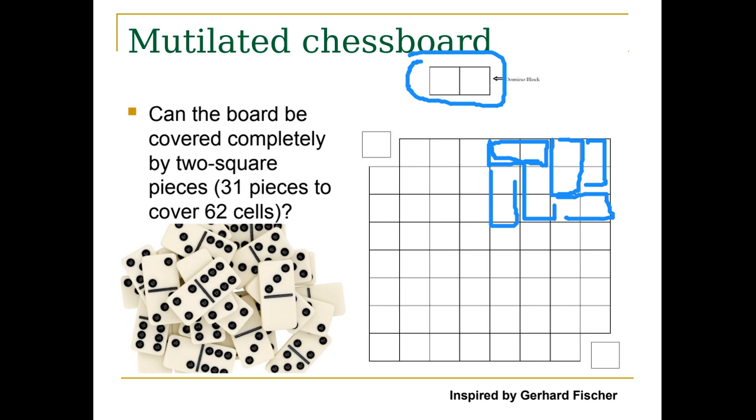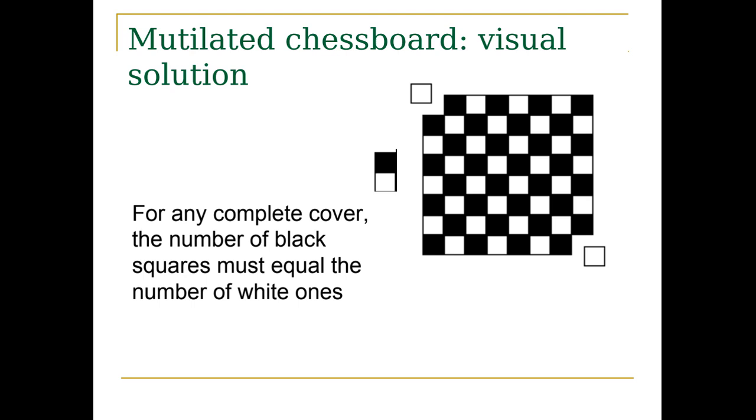Trying to work it out mathematically is maybe not the best way. There is a visual solution for it. Here is a chessboard, and here is what I cut out. No matter how I place a domino on the board, it's going to cover a white and a black.